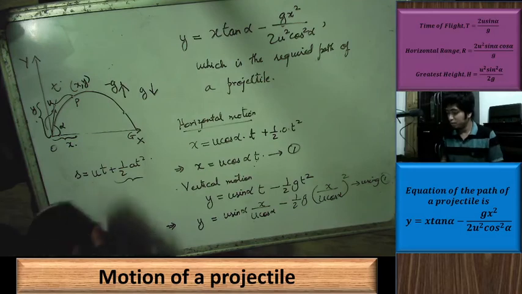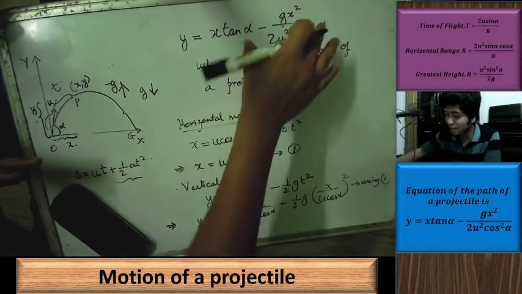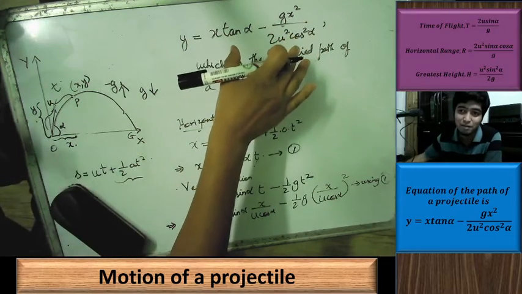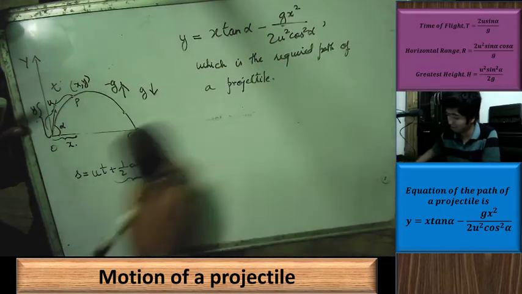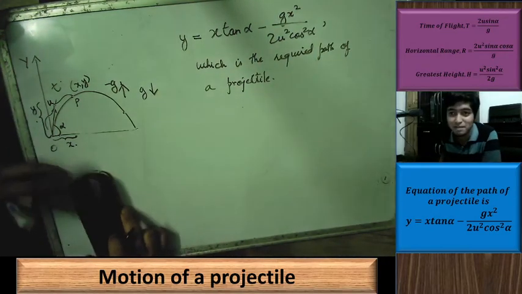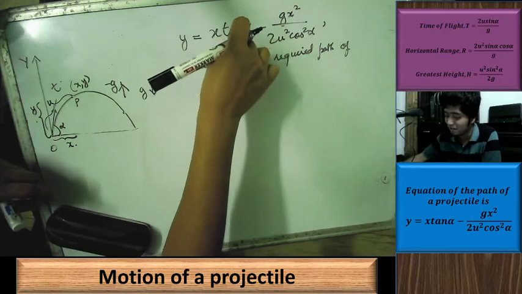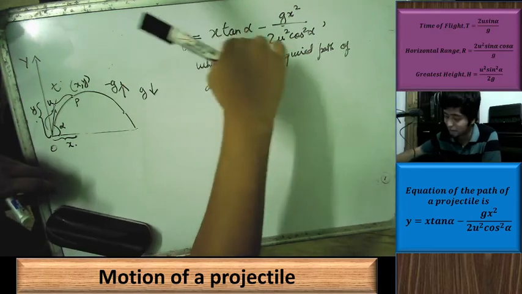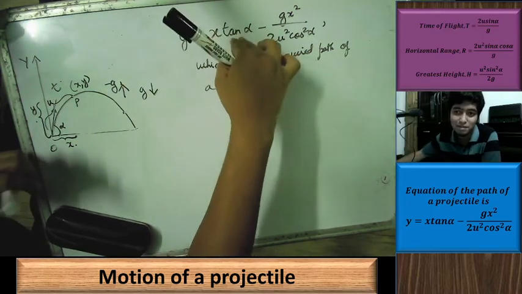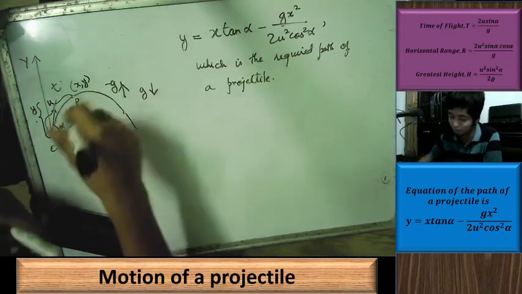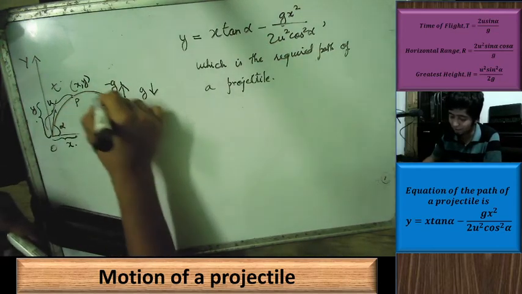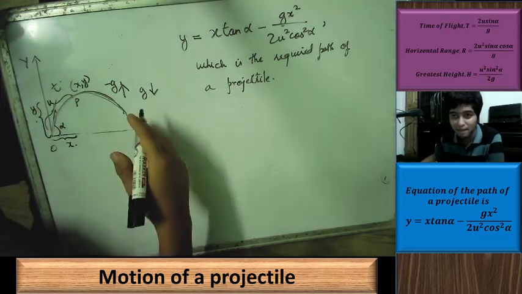If you remember, this one is in fact an equation of a parabola. So next time we will try to transform this into the standard equation of a parabola, because over here you are having this shape, which is like a parabola.